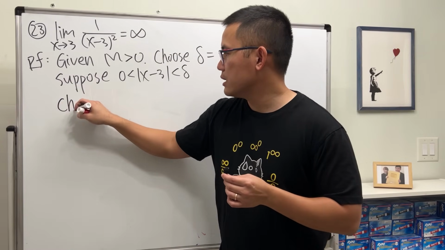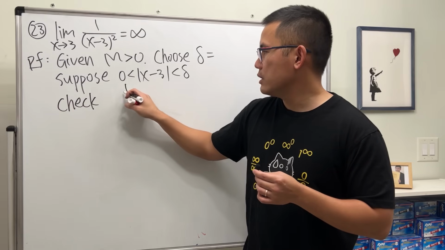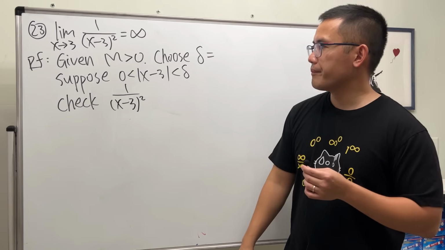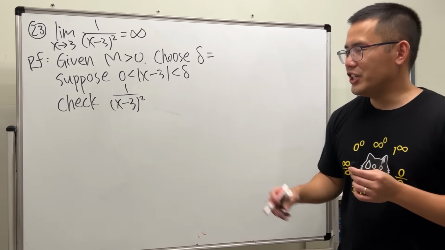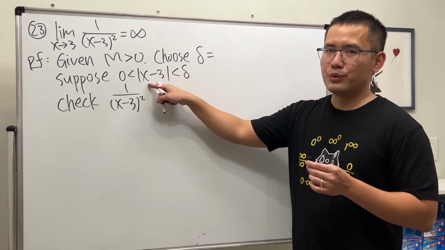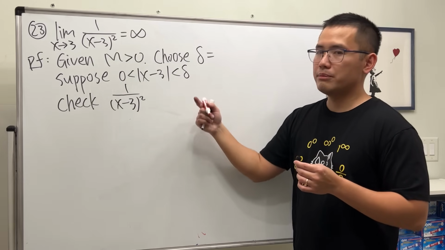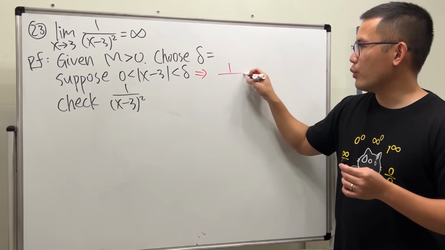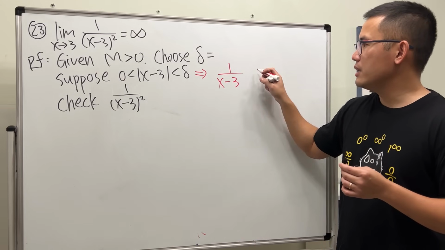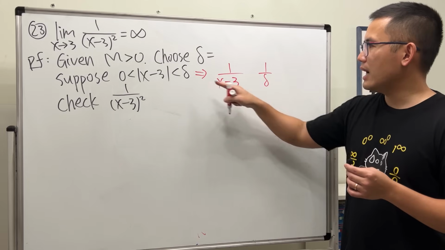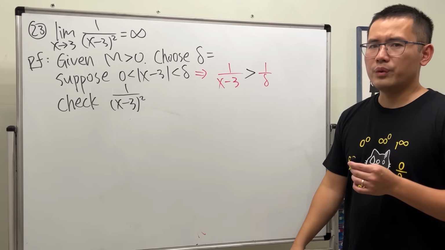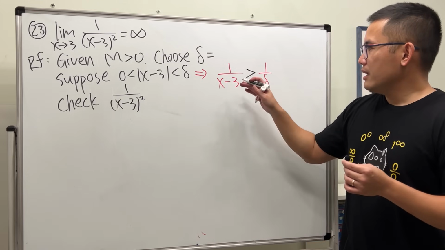So check our function 1 over (x minus 3) squared. Check this out. We have this thing right here, right? And this and that are both positive. We can just take the reciprocal. So we are looking at 1 over |x minus 3| and 1 over delta, and you will get greater than. Isn't that exactly what we need? Yeah.